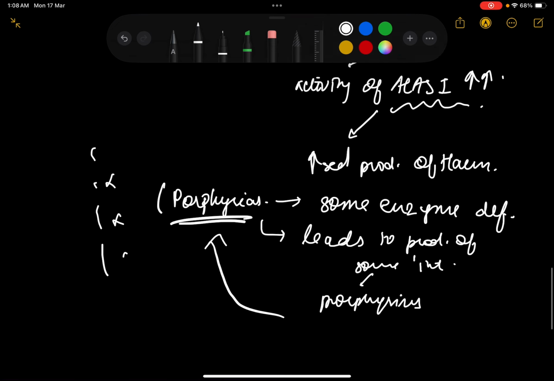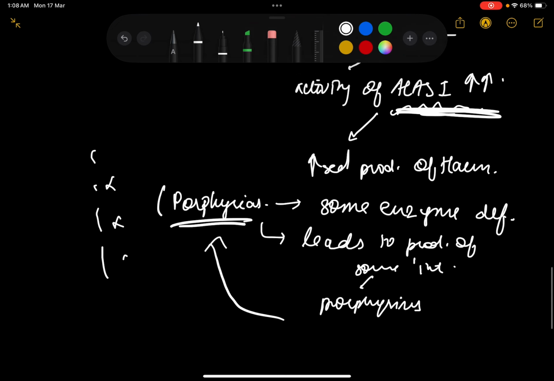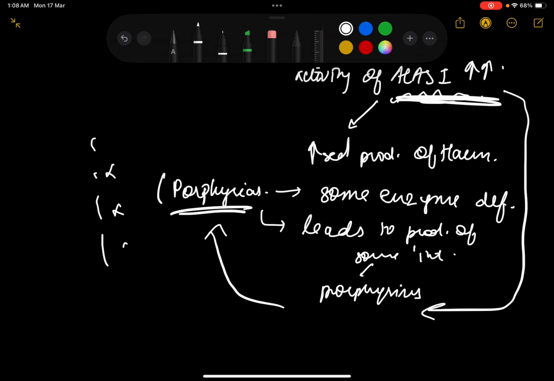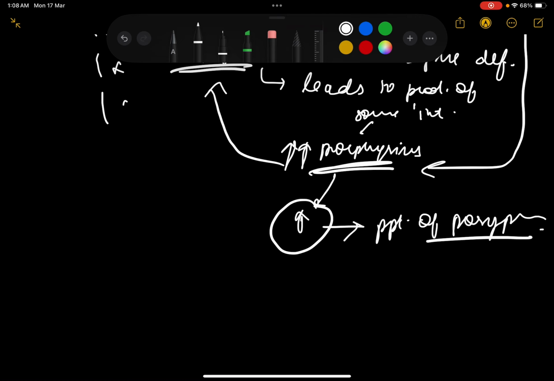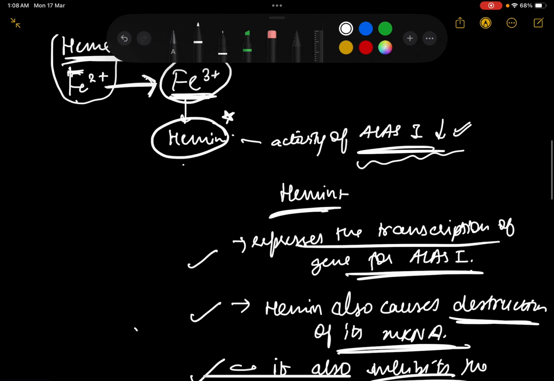Now if the activity of synthase 1 is increased, then the production of these porphyrins will also increase, which will lead to increased porphyria, and hence there is a precipitation of porphyria. I hope that it is clear to you all.